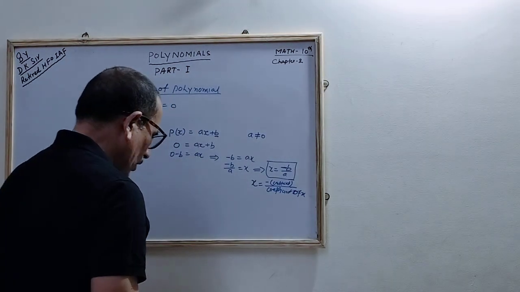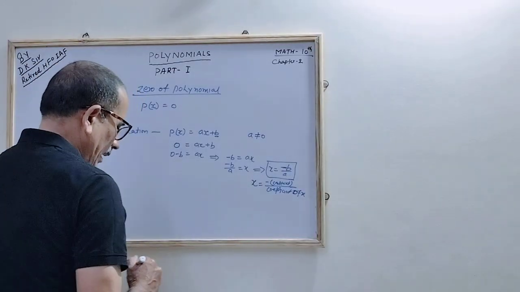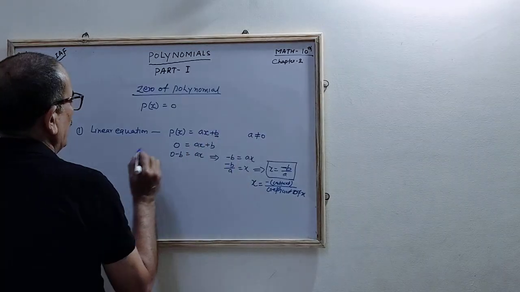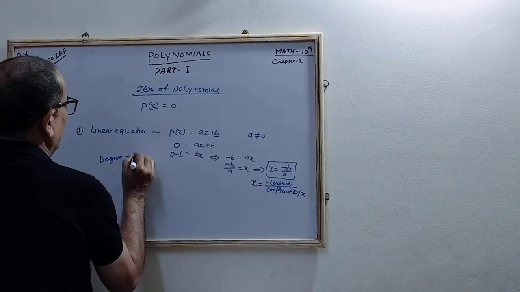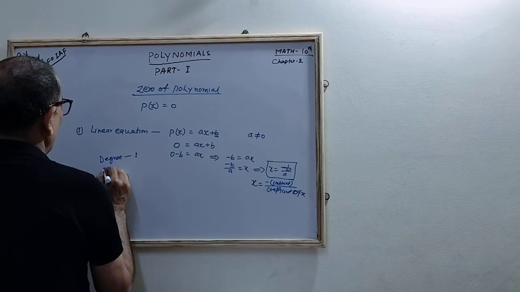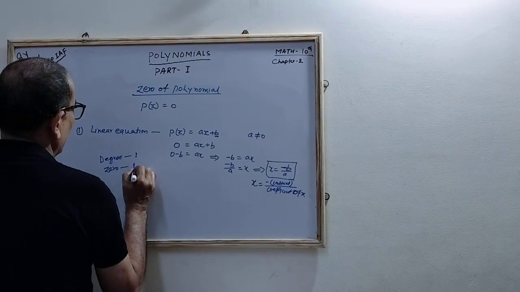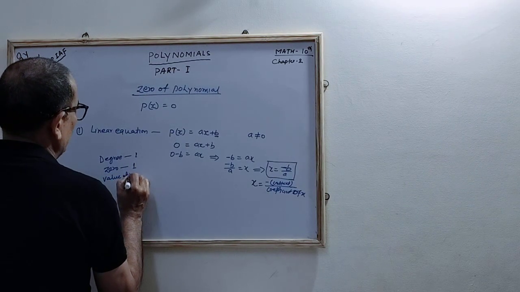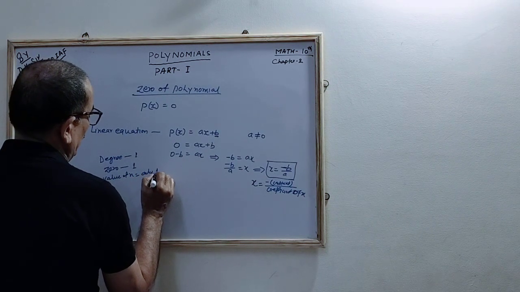The next, after the linear, one more term we can understand is the zero. How many zeros can there be, since the degree is only 1, correct? You should remember, degree only 1. So there will be only 1 zero. It means the value of x will be real, only one, understood?